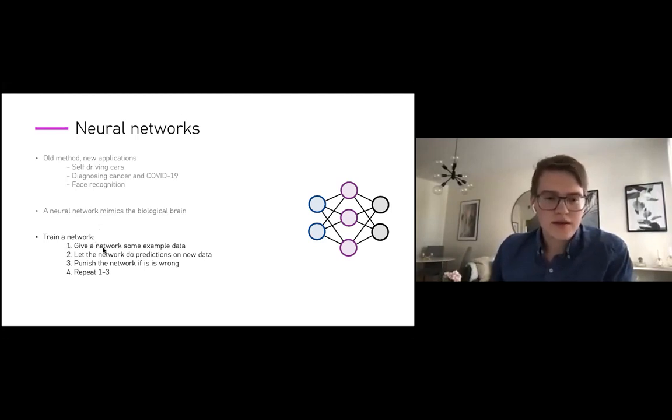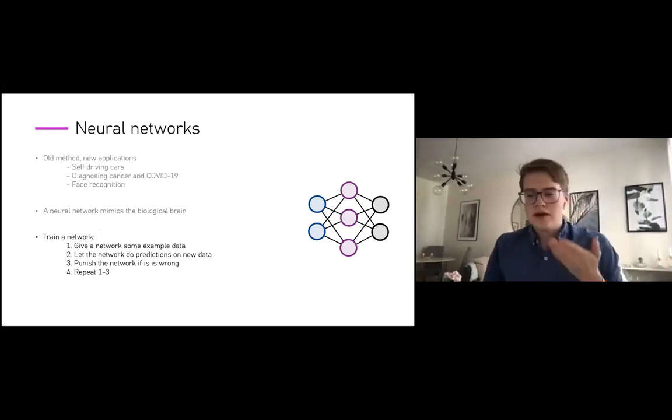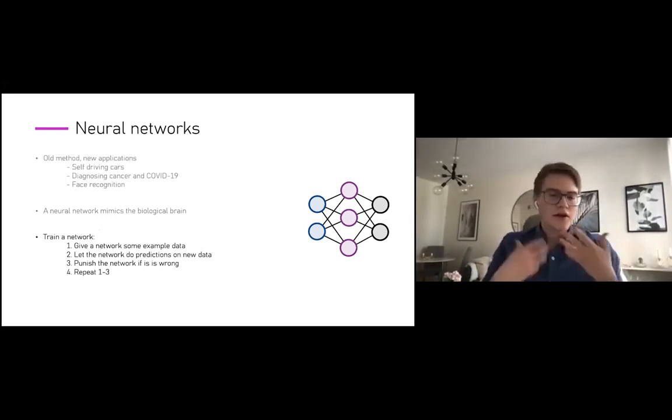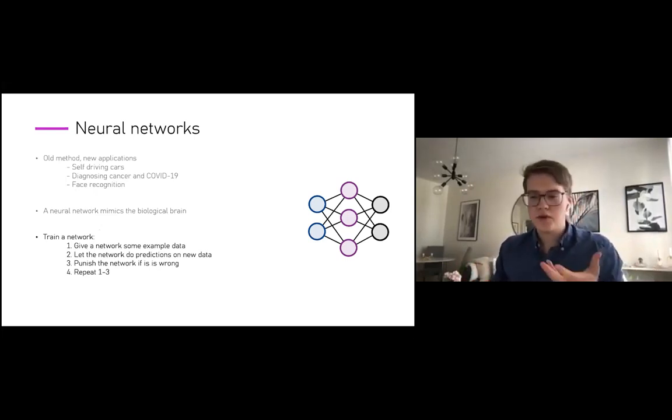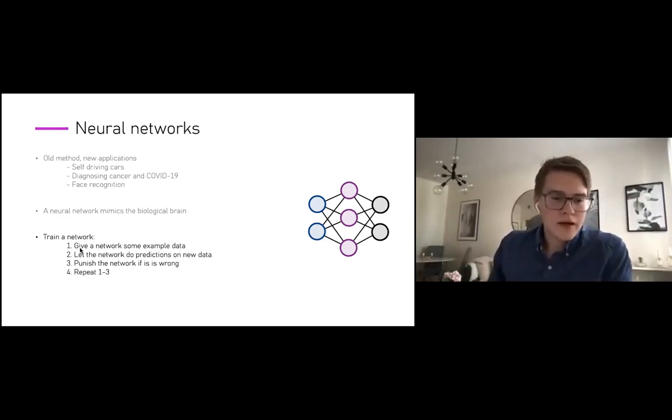The first step is that you give the network some example data. For example, for self-driving cars, you would show the network some images or videos of people driving cars. And for diagnosing cancer, you would show the network some images of cancerous cells, and then show it some images of healthy cells, and it would learn from those. The second step is letting the network do some predictions on new data that it has never seen before.